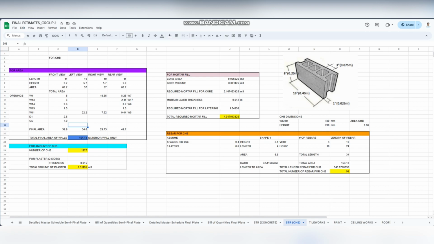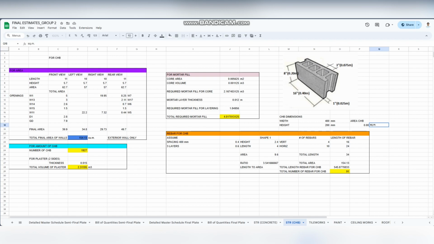Then the sum here is 1554.13 square meters. That's only for the exterior wall. Then we divide that by the area of the CHB, which is right here: 0.4 times 0.2 is equal to 0.08 square meter of CHB.